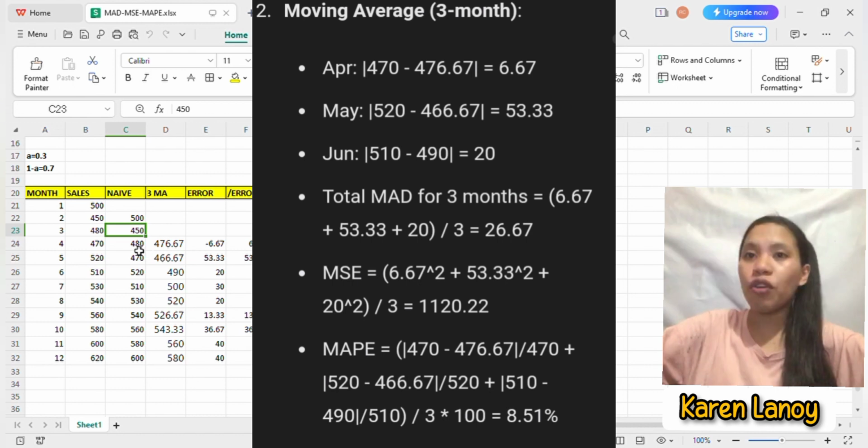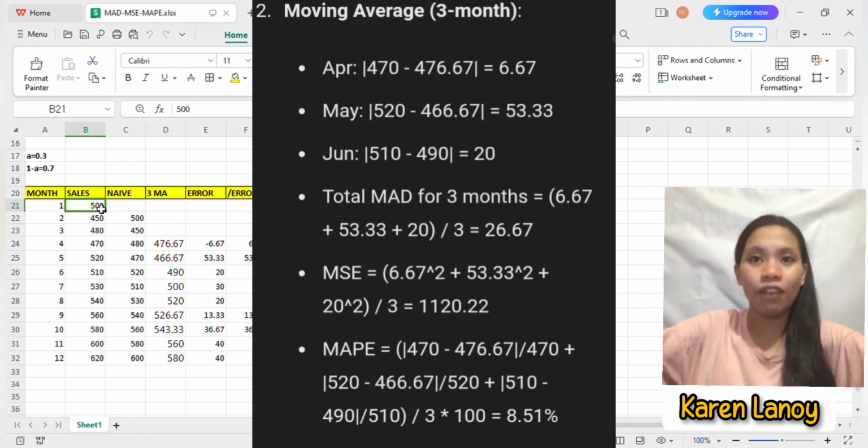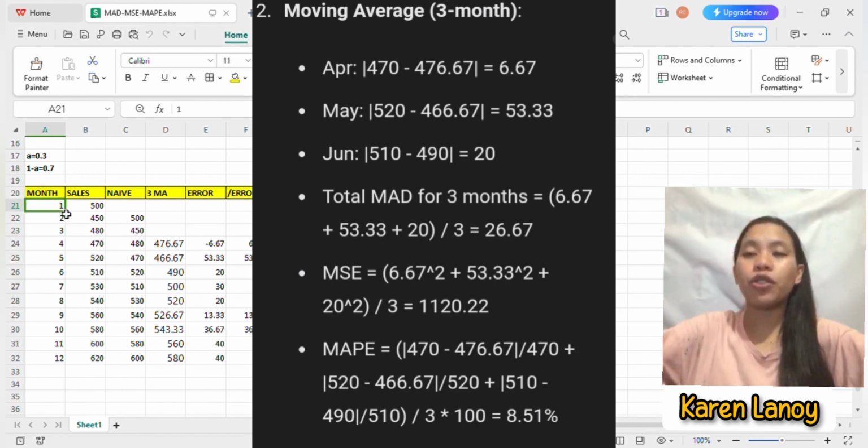So we have a total MAD for 3 months of (6.67 + 53.33 + 20) / 3 = 26.67. For MSE: (6.67² + 53.33² + 20²) / 3 = 1120.22.